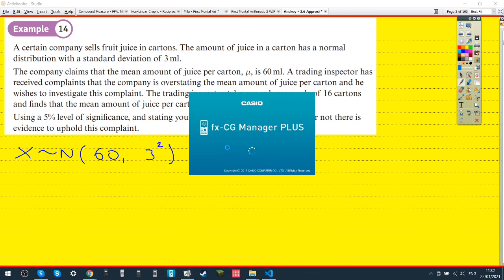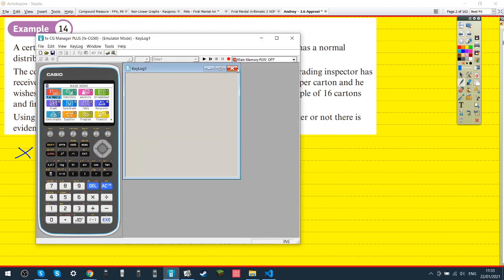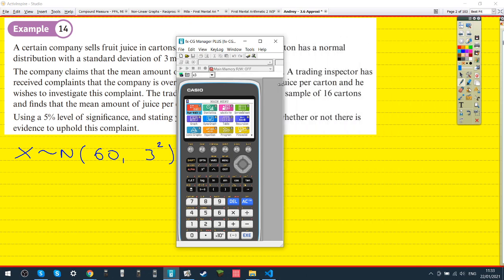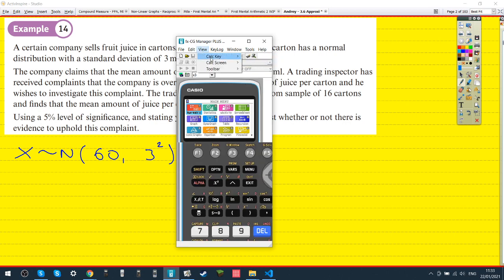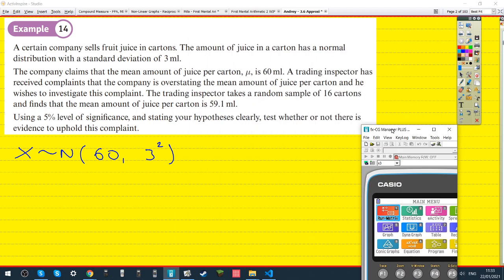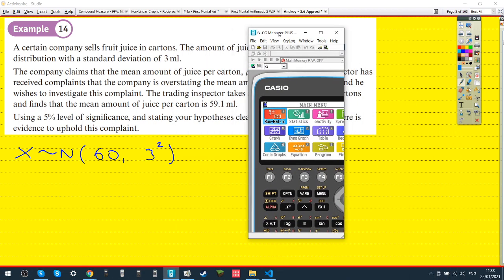Normally distributed. So basically, we assume that they're telling the truth. We assume that the mean is 60, standard deviation is 3, and then we find the probability of getting 59.1 or less.